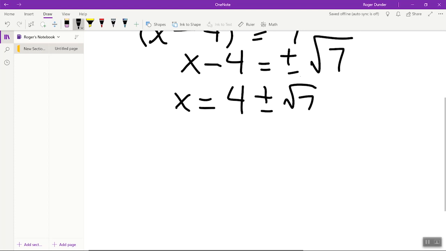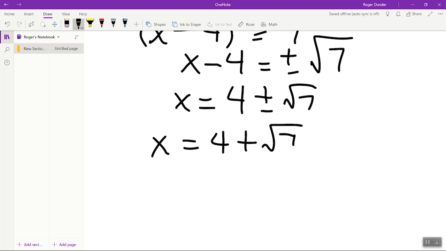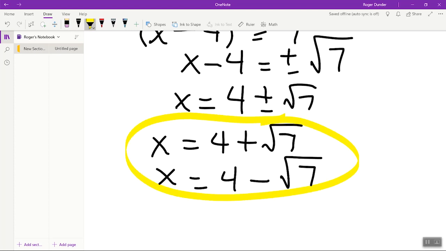And so that could be two possibilities. x can be equal to 4 plus the square root of 7, or x can be equal to 4 minus the square root of 7. These are our two answers. So I think you can see that those are nice exact answers.